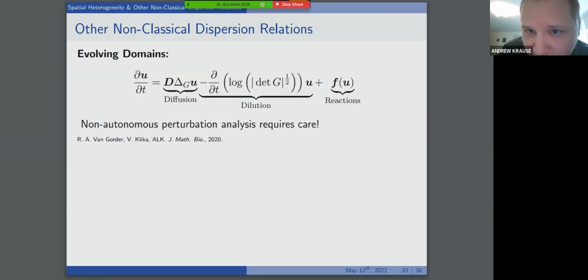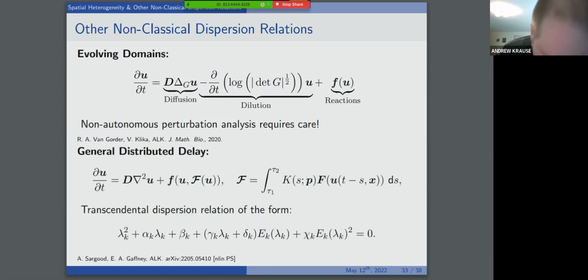What you get out of the theory is not quite so simple. You don't get these very easy general principles, but you learn at least something of what the effect of growth and dilution is.